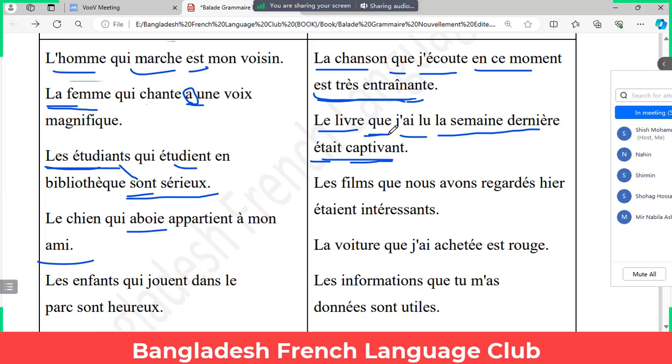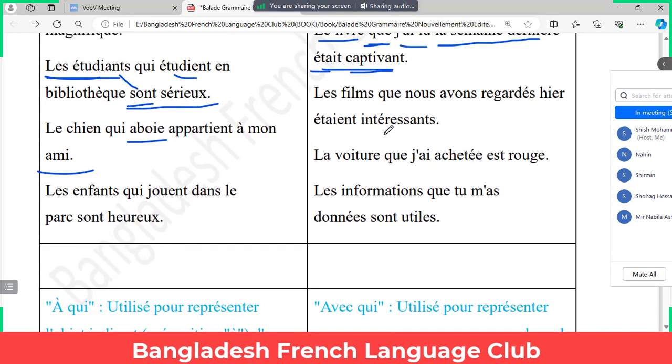Okay, then this one, les films que nous avons regardés. So you again see after que, subject and verb. The films that we watched yesterday were interesting, right? Intéressant.